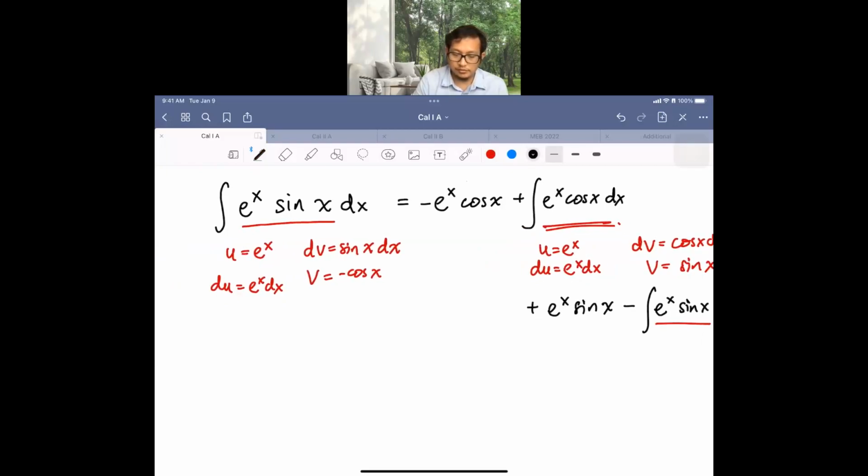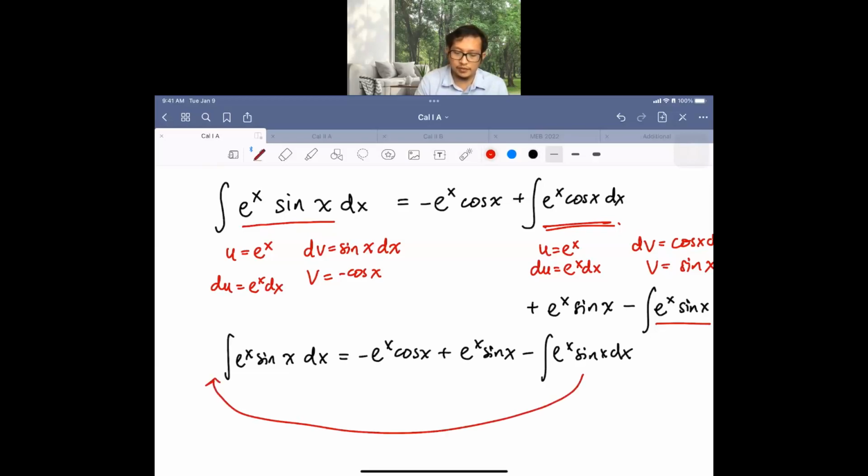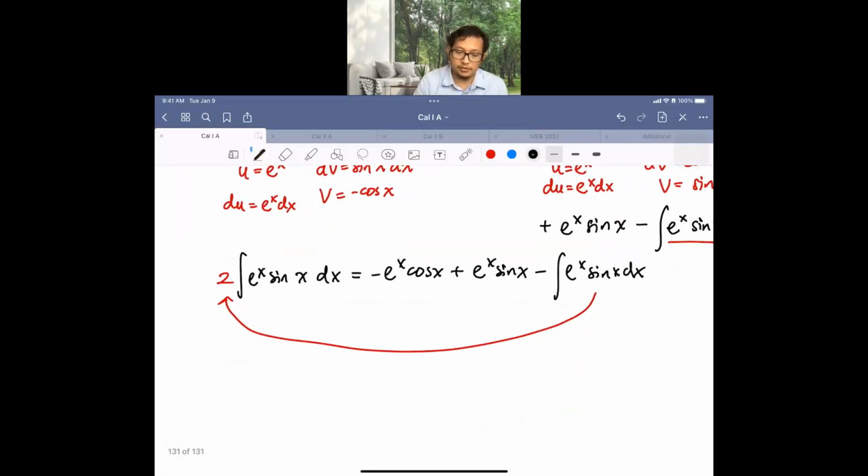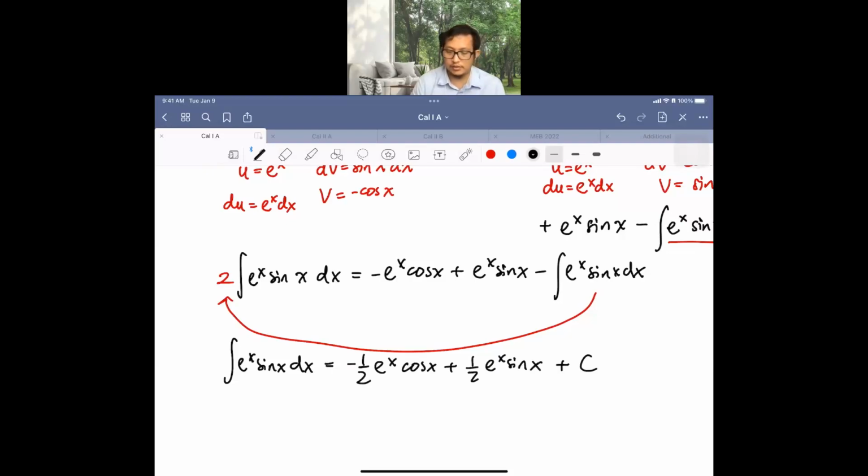So we can write down that this is plus e to the x sine x minus the integral of e to the x sine x dx. And we can move this over here, and so we can have 2. And then we solve by dividing by 2. So the integral of e to the x sine x dx becomes negative half e to the x cos x plus half e to the x sine x, and don't forget that we have plus c.